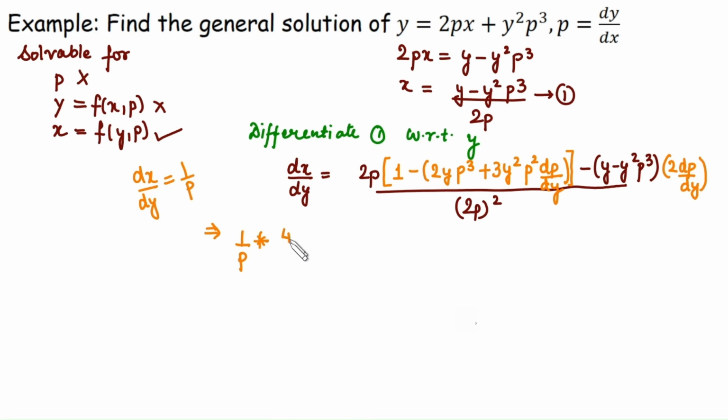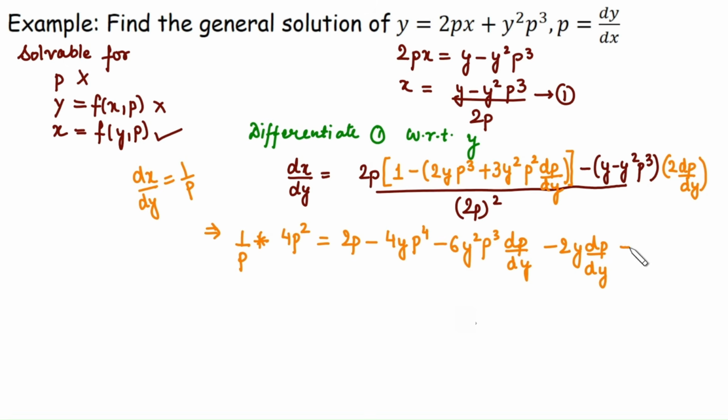It becomes 4p square is equal to 2p minus 4y p raised to power 4 minus 6y square p cube dp by dy, next is minus 2y dp by dy, plus 2y square p cube dp by dy.